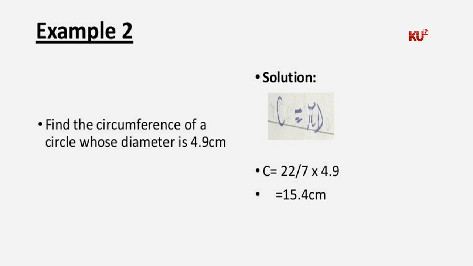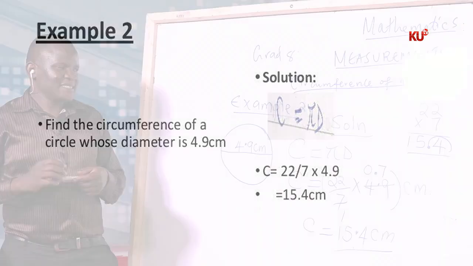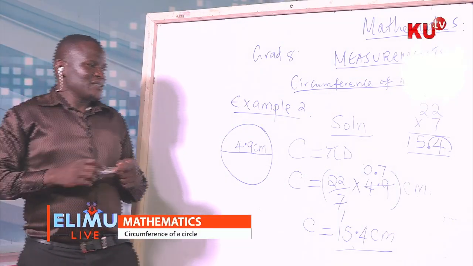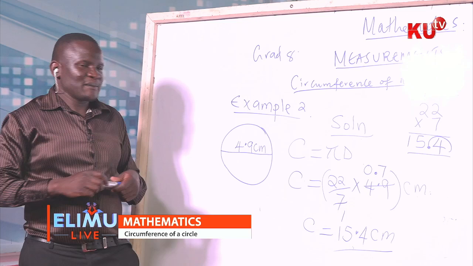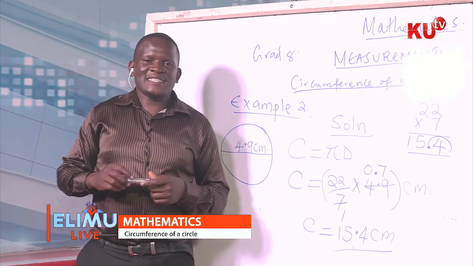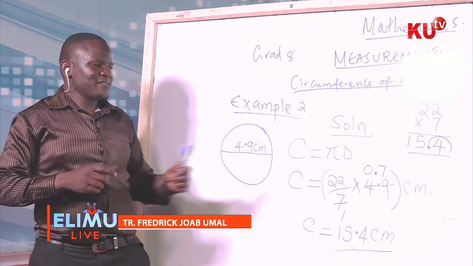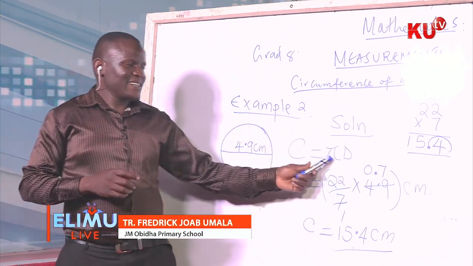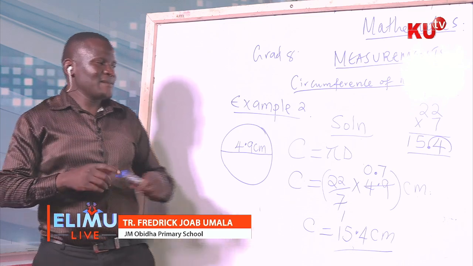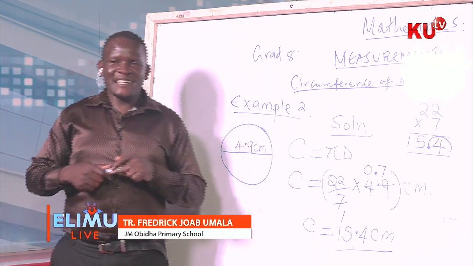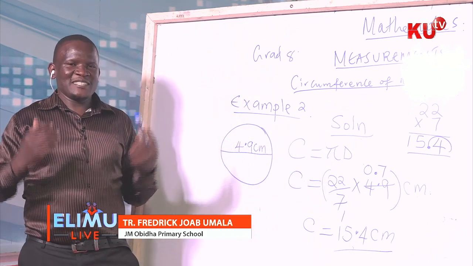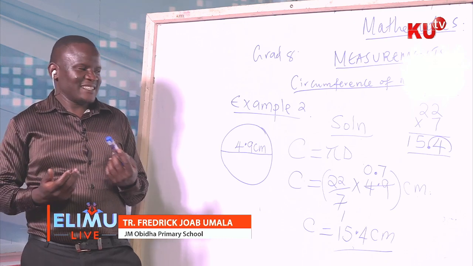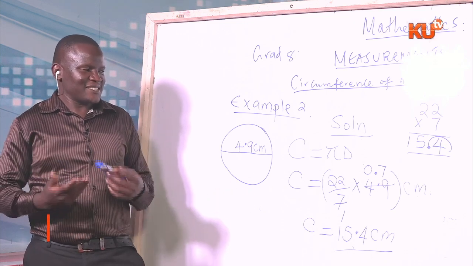We were given a circle, and the circle had a diameter of 4.9 centimeters. Solution: when you're working out this, the formula for finding the circumference of a circle is given as pi d, where pi is 22/7, and 22/7, I said earlier that it is a constant, mathematical constant. It shall be used the way it is.